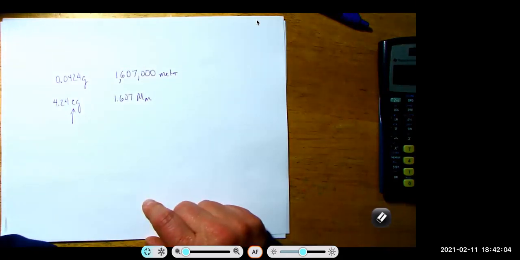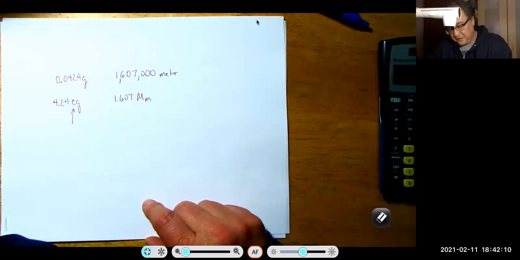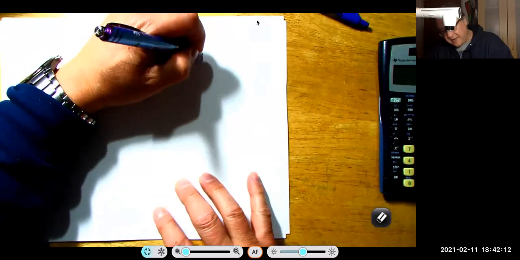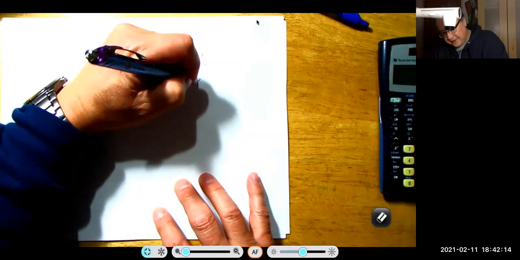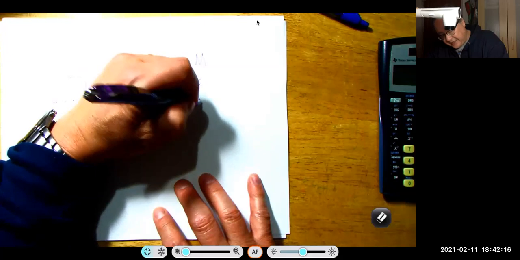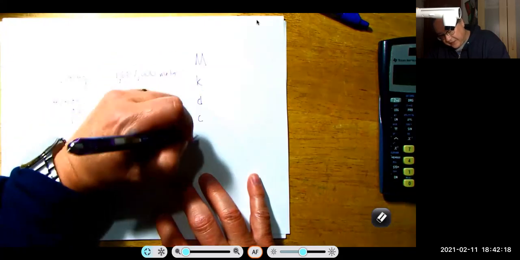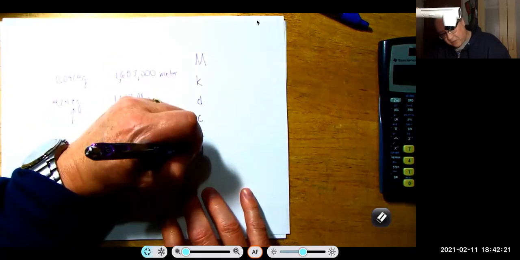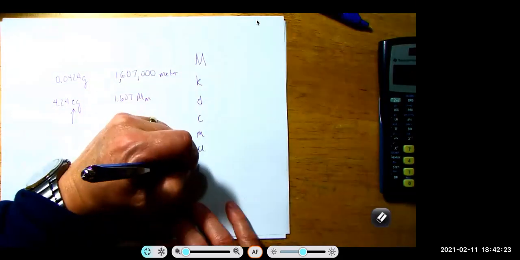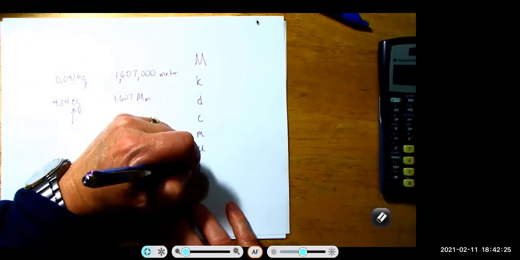So how far down do you expect us to know those? Past the milli? I had them all written down. So you should know big M, little k, little d, little c, little m, micro, nano, and pico.